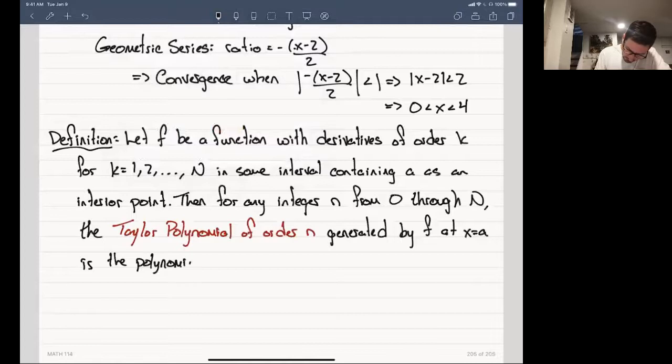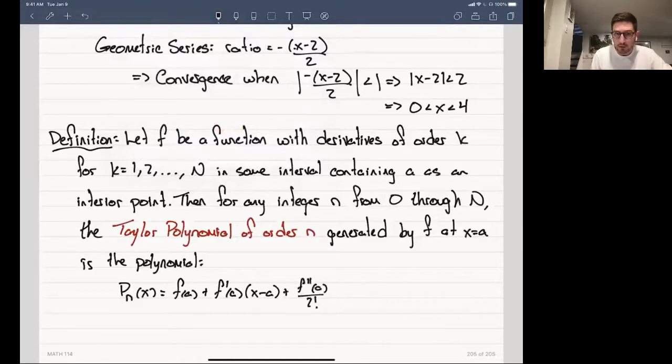So let's take a look at this. My polynomial is, I'm going to call it P for polynomial, sub n for the order of this polynomial. This is equal to f of a, plus f prime of a times x minus a, plus f double prime of a over 2 factorial times x minus a squared, plus f triple prime of a over 3 factorial times x minus a cubed.